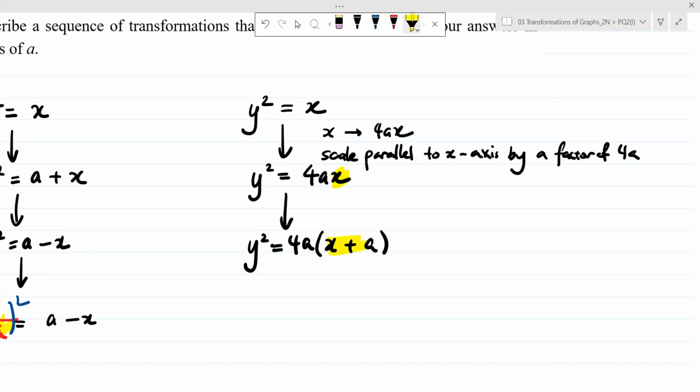Not the easier way, the correct way. Because if you forecast one step further, remember later when you do your reflection, you only touch the x. So the negative sign doesn't follow through to the a. So if you can forecast in advance, you know that the correct move to make is to plus a.